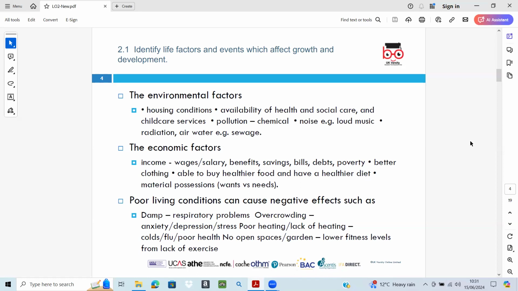For example, a higher income allows for the purchase of better clothing, healthier food, and overall a healthier lifestyle. While poverty, with limited financial resources, can restrict access to quality food, healthcare, and education, and it could lead to various developmental challenges as well.